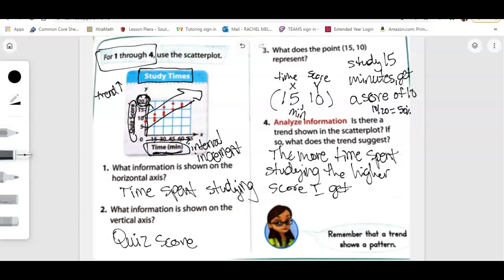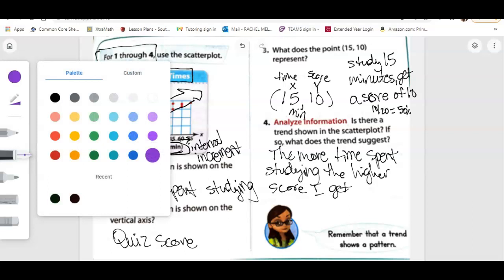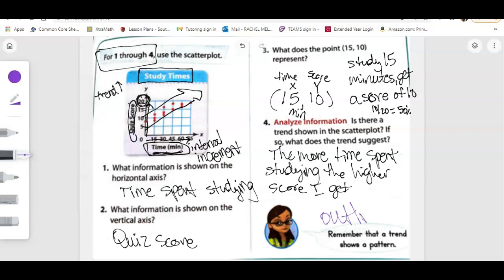Now, I do want to talk to you about the word outlier. We've talked about that word before. If I have a point right here on the graph, is that point with all of the other data points? No, it is way far away from all of the other data points. So that would be what we call the outlier. It's a point that does not go with all the rest of them.